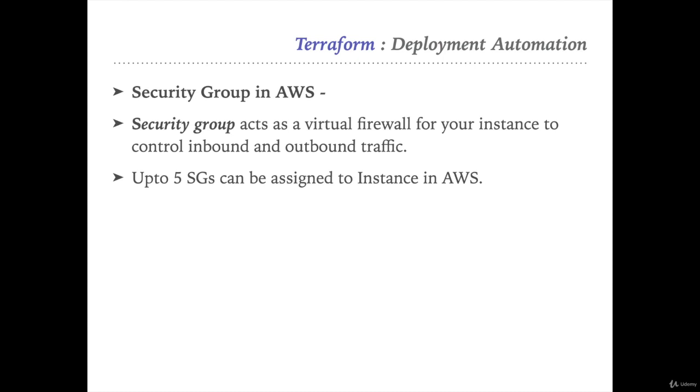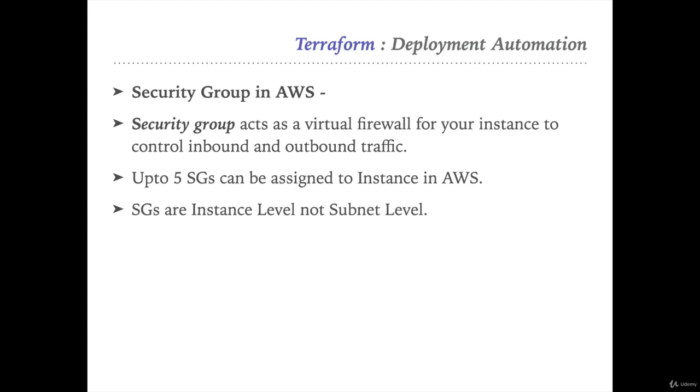Because 5 security groups is more than enough for any instance. Generally, people prefer either one or two only. I really don't remember when I required to associate more than two security groups with a single instance. In 90 to 95% of cases, a single security group will be enough for an instance in AWS.